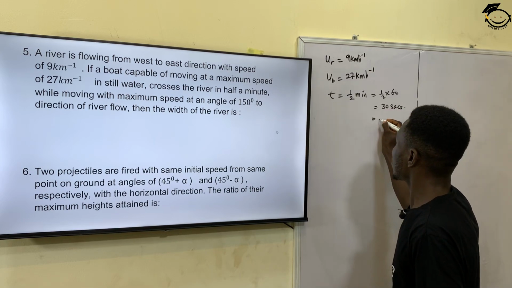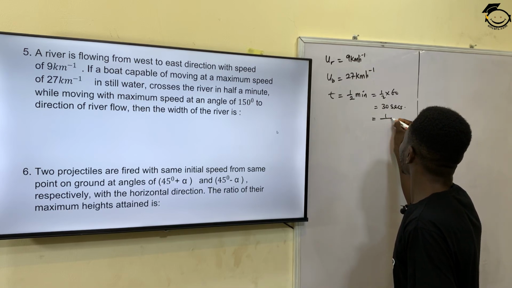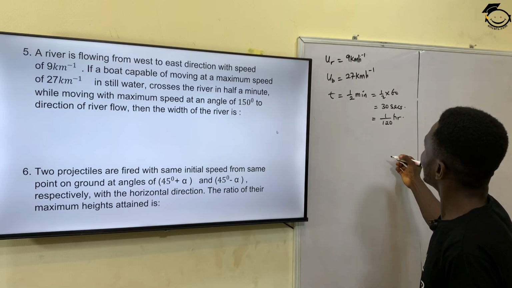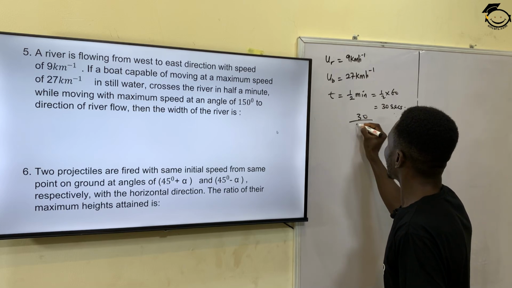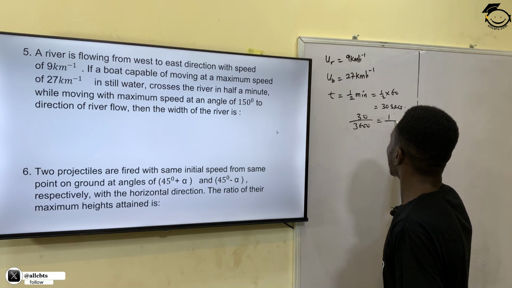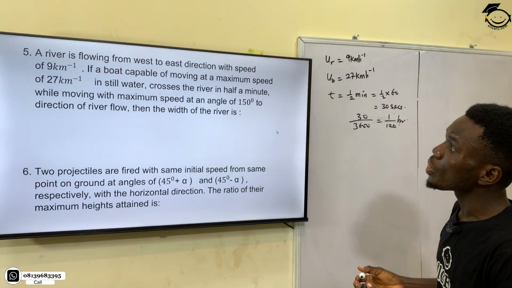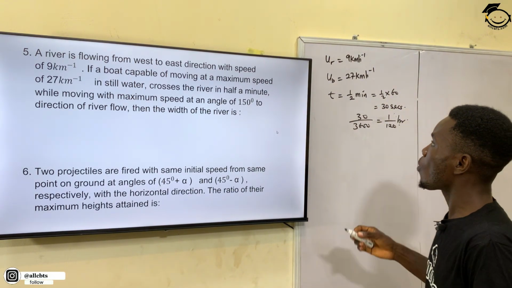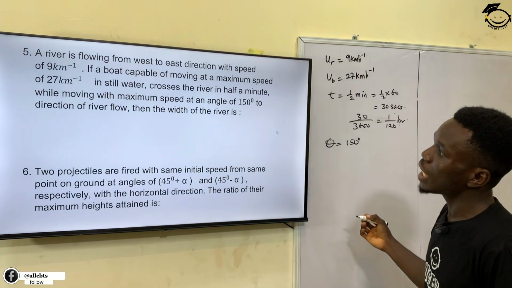So if you convert 30 seconds to hour, this is the same thing as saying I have 1 over 120 hour, because this is simply 30 over 3,600, which will give me 1 over 120. So with this, they say that it's moving with a maximum speed at an angle of 150 degrees. So the angle given in this question is 150 degrees to the direction of the river.